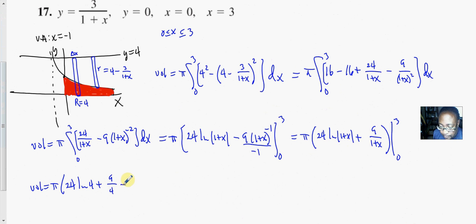Then it's minus, plug in x to be 0. The natural log of 1 is 0. So this is minus 9. And this is pi times 24, the natural log of 4. 4 minus 9, negative 36 plus 9 is negative 27, all over 4.